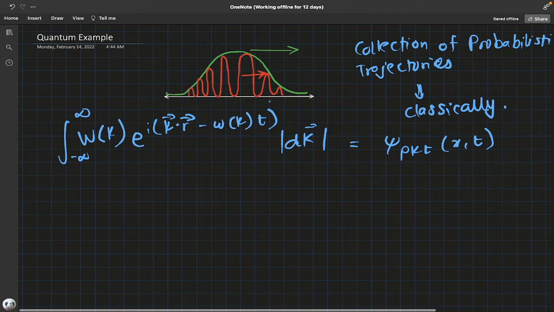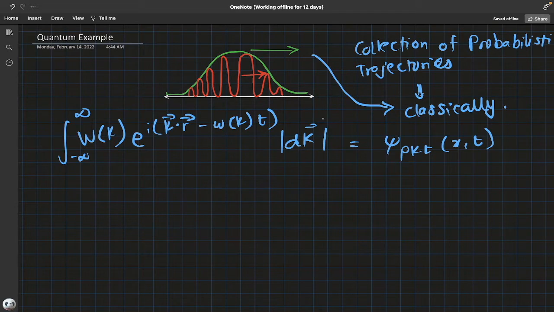Why do you care about the red stuff? If you look at the envelope function that I've given in green here, the red waves may move in a complicated, crazy way, but this green envelope function moves in a nice predefined way. The velocity of this green envelope function is the classical velocity, and this varying, uncertain velocity is a measure of the probabilistic velocity of what the electron will do.